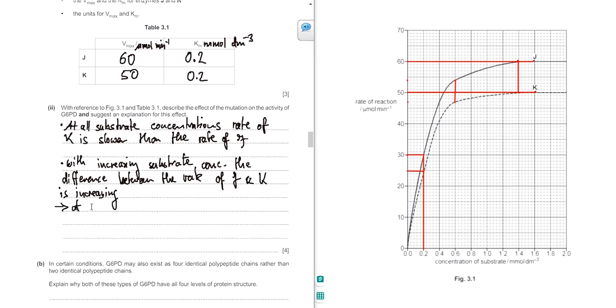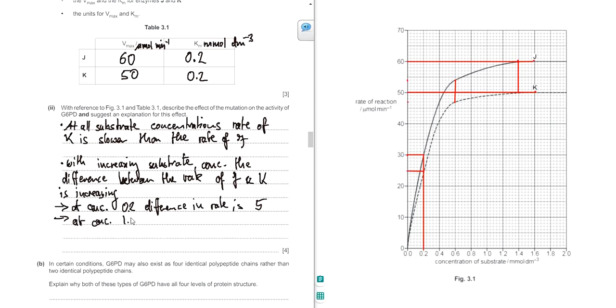At concentration 0.2, the concentration of 0.2 millimole per decimeter cube, the difference in rate is 5.